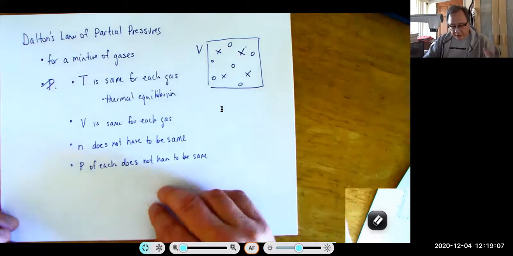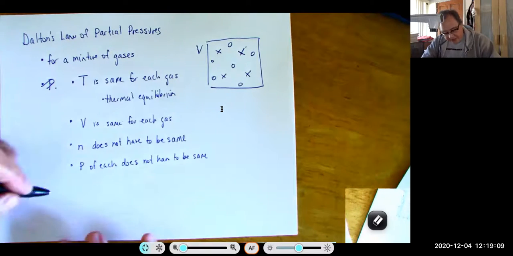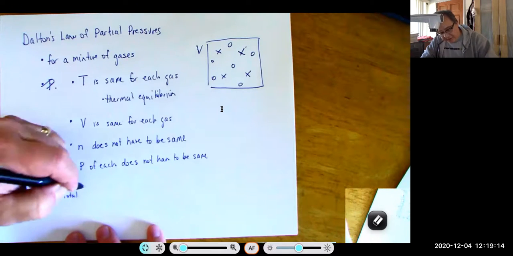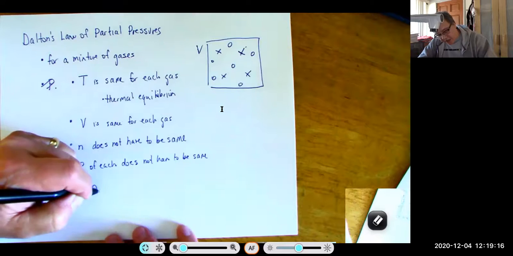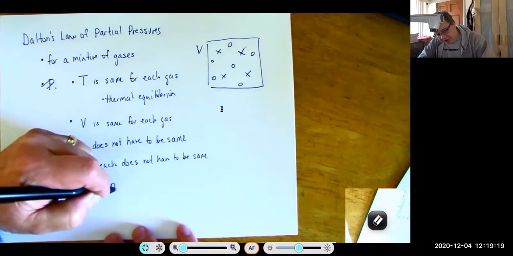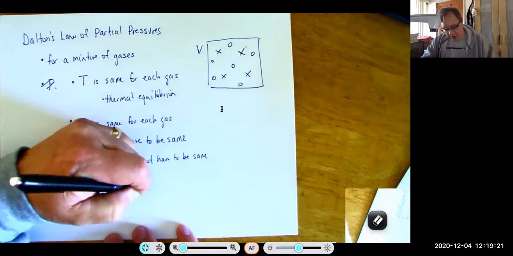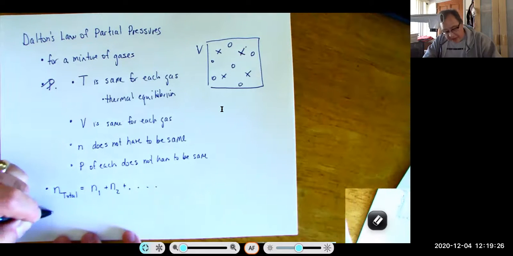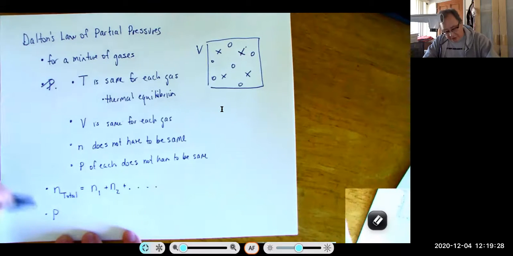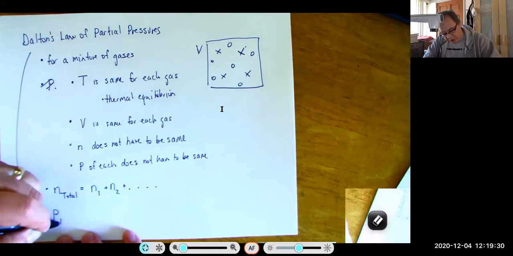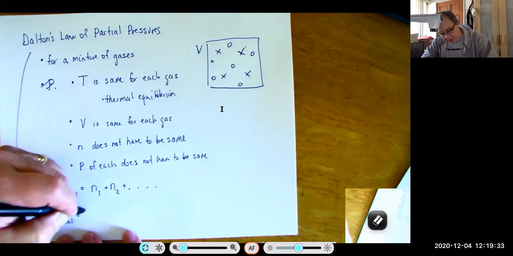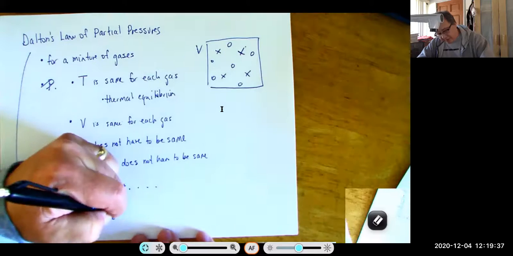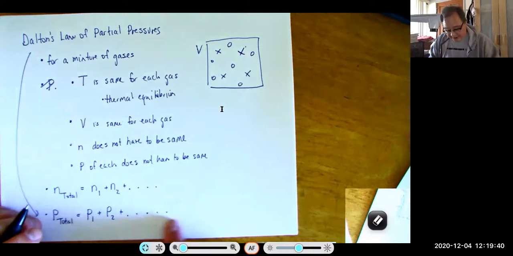Okay, so if this is the case, this means that the moles total is going to be the moles of gas 1 plus the moles of gas 2, and so forth and so on, for as many different gases as are in there. And this is actually Dalton's law of partial pressure right here, that the pressure total is going to be the pressure of the first gas plus the pressure of the second gas plus the pressure of each gas that's in there.